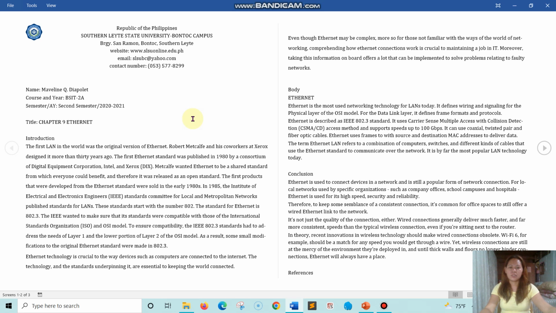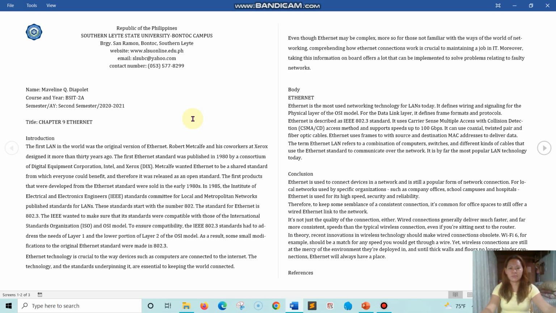Metcalfe wanted Ethernet to be a shared standard from which everyone could benefit, and therefore it was released as an open standard. The first products that were developed from the Ethernet standard were sold in the early 1980s.